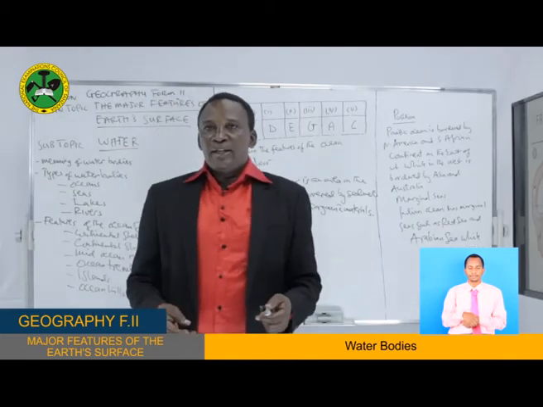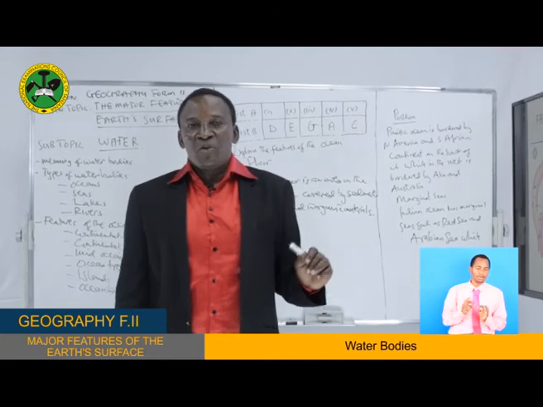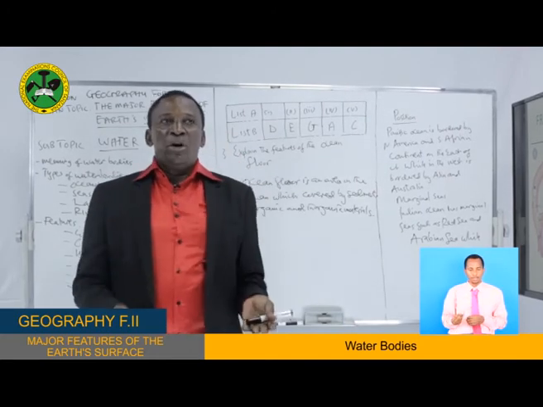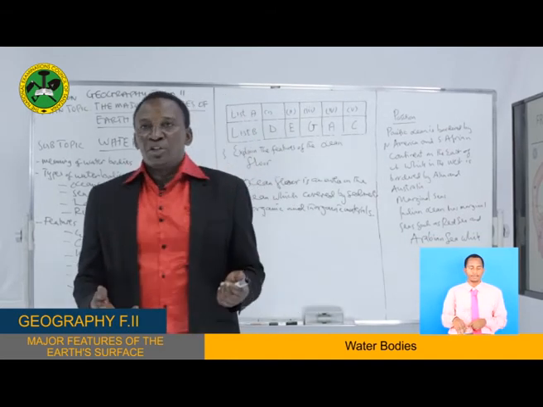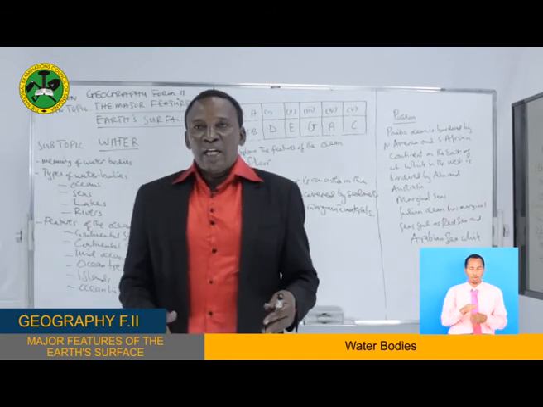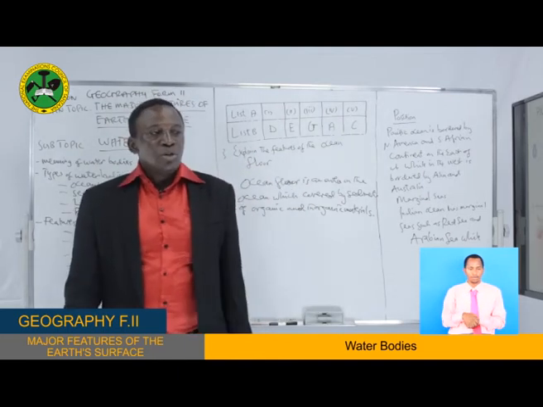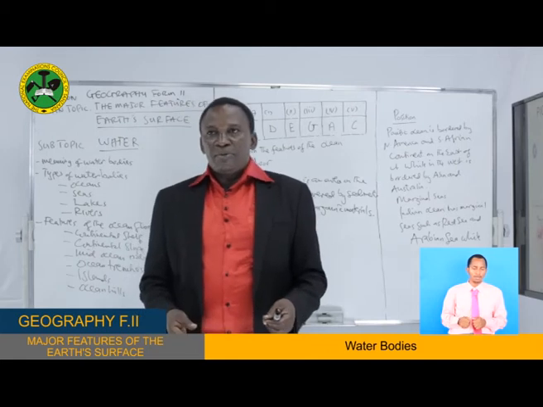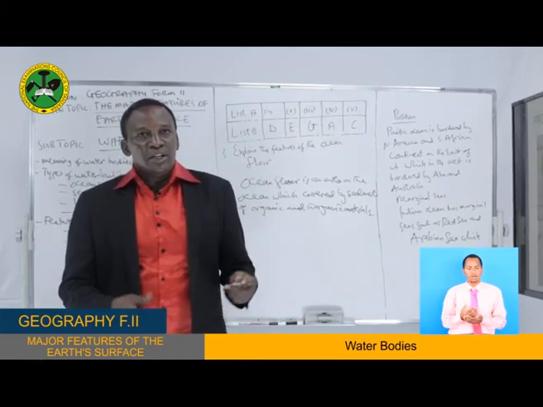Dear students, these are just a few signs of differentiation of the oceans, but you can go on looking even at the content of salt. Some of the oceans have more salt, others have little salt. This depends on a number of factors. For example, others are drained by rivers.